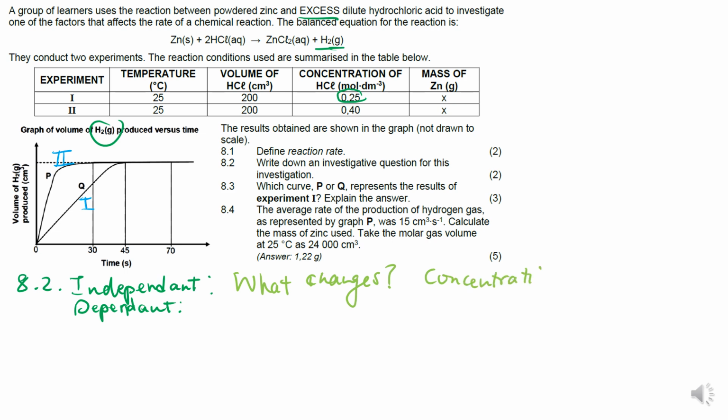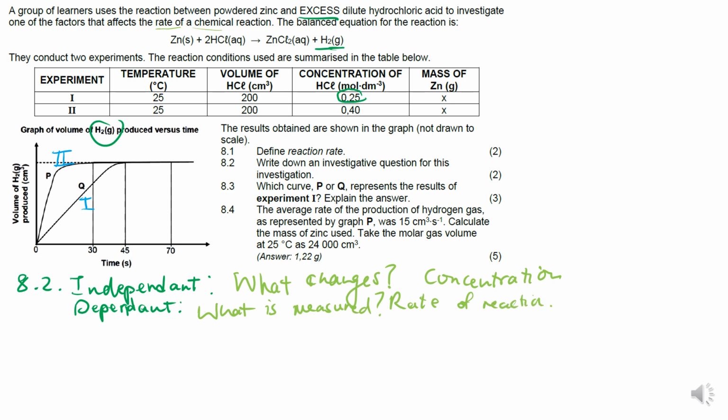And then what is being measured? They're measuring the amount of H2 produced over a period of time, which relates to the rate of the reaction, right? Because they say they are investigating the factors that affect the rate of the reaction. So what is measured or tracked after the change is made is the rate of the reaction, right? Rate of reaction.